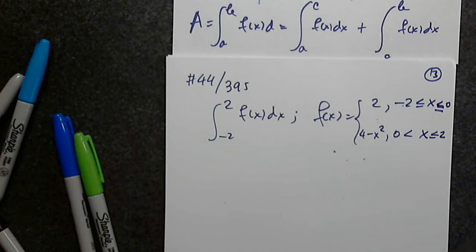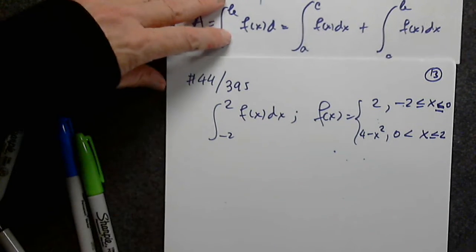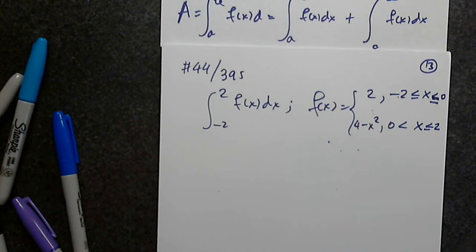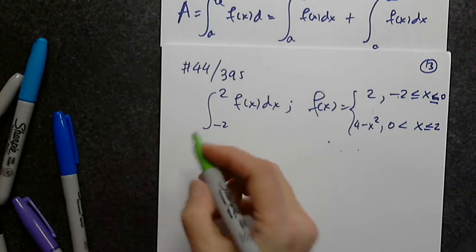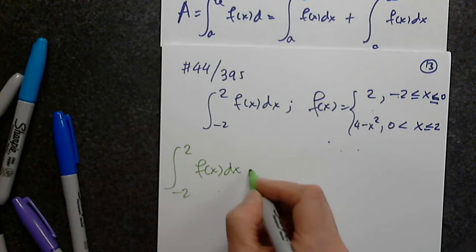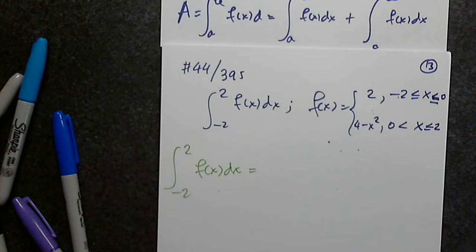So we want to find the area under this graph, or the definite integral between negative 2 and 2. Can anyone tell us how to find the integral between negative 2 and 2 for such a function?